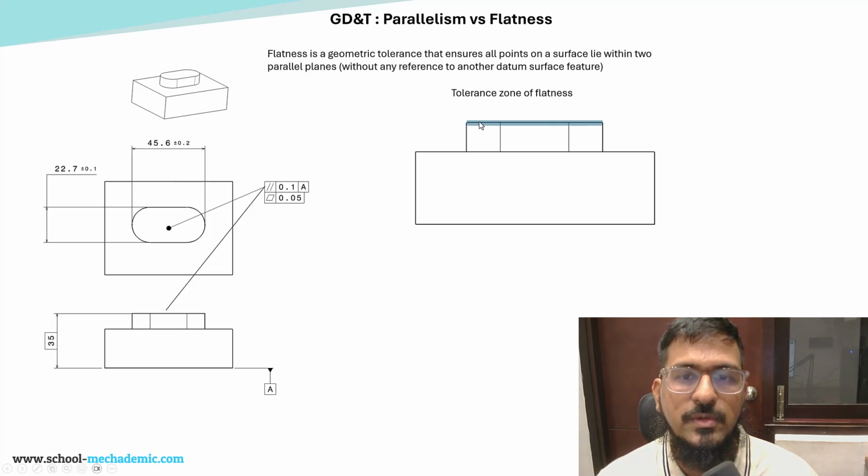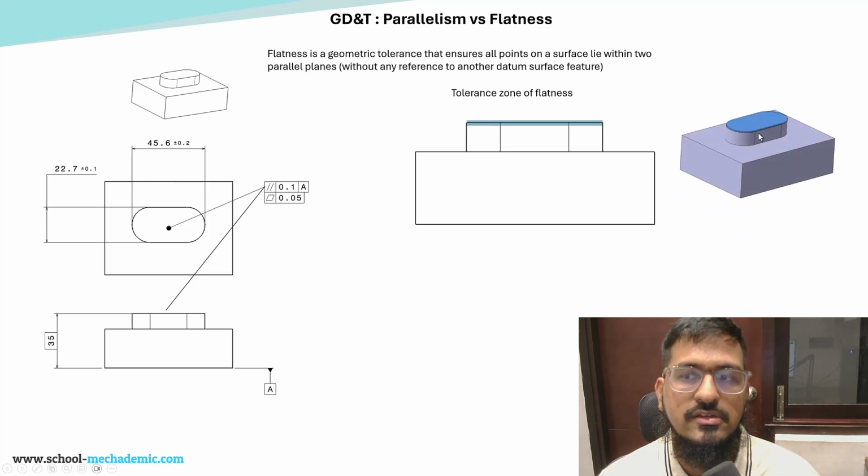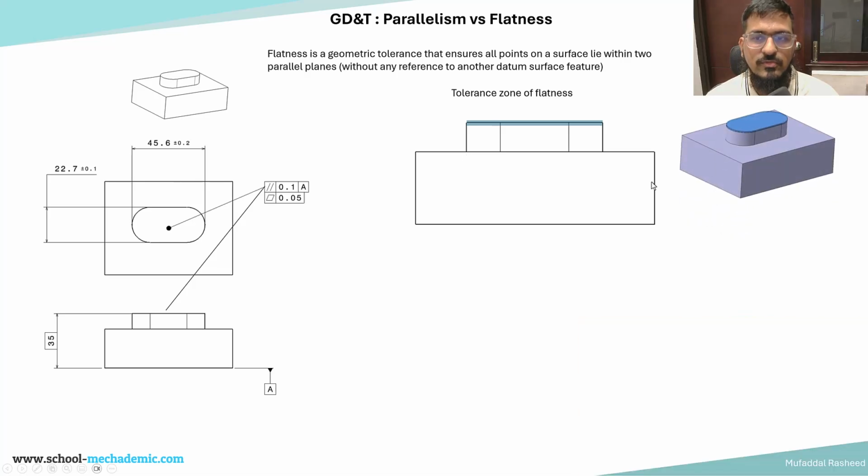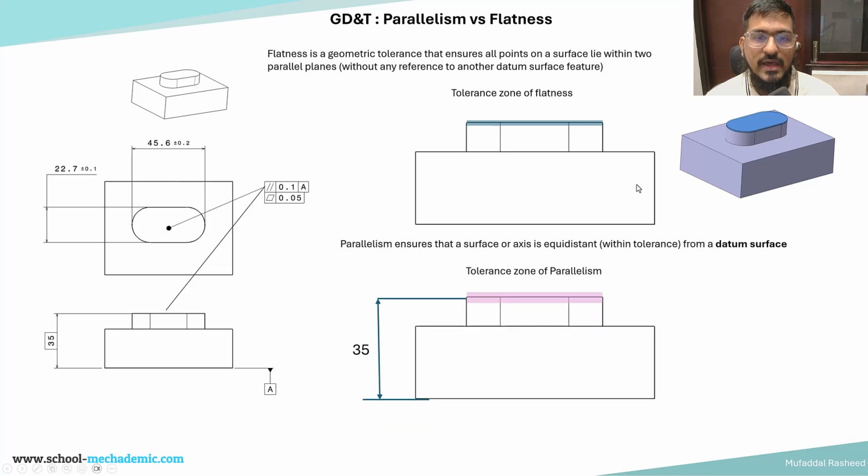So basically all of the points on this surface should lie within a tolerance zone of 0.05. That's what it means. We are not locating the tolerance zone with respect to any datum feature. We are not orienting the tolerance zone with respect to any datum feature. It is with respect to itself. So that is the tolerance zone for flatness. In 3D, this is the view. This is an exaggerated view. Now, what about parallelism?